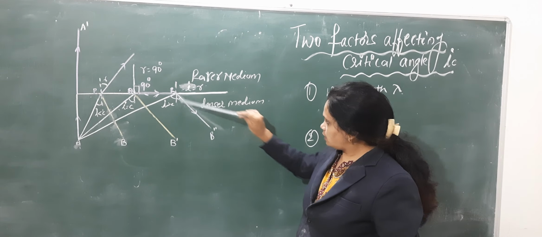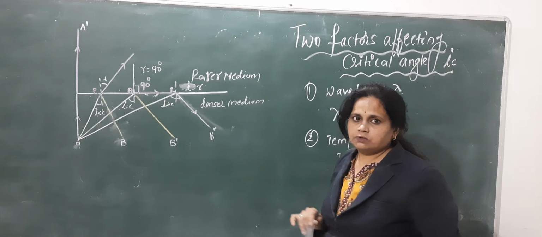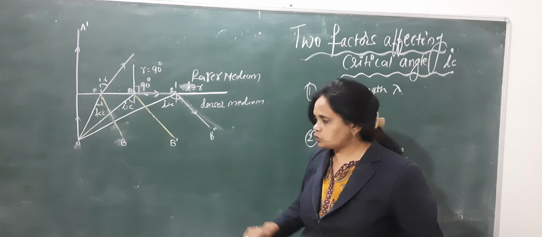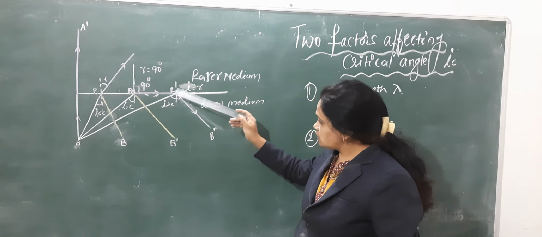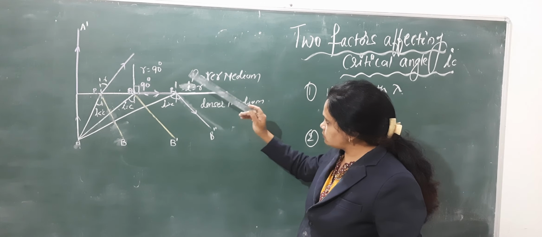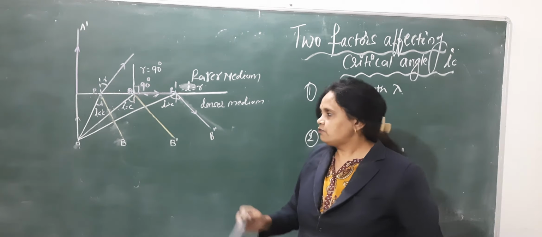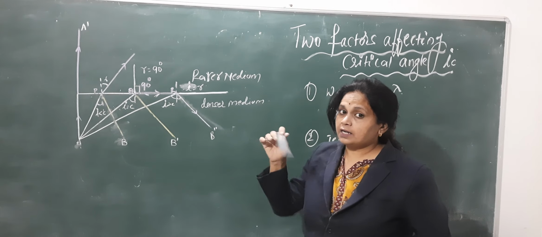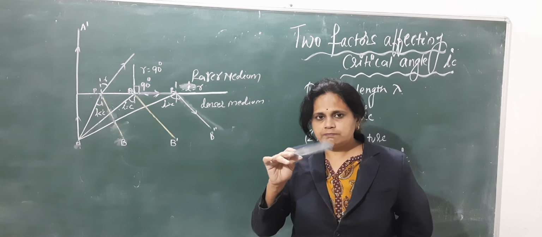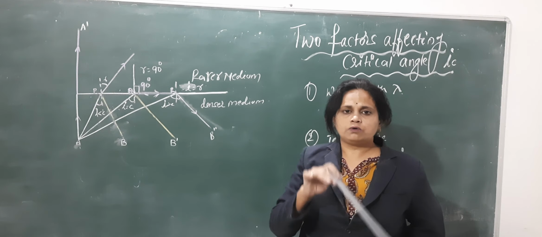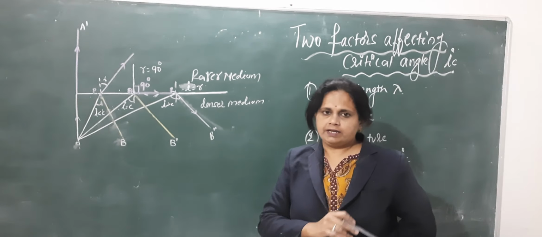From the point R, it turns back into the same medium. In this situation, the angle of incidence will be exactly equal to the angle of reflection. When angle i is equal to r in the denser medium, that is the condition of total internal reflection.